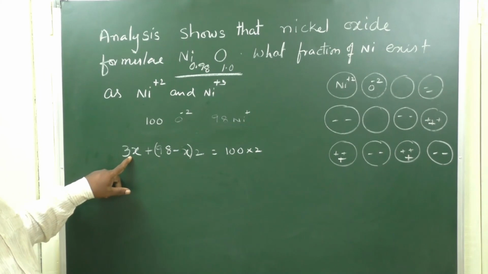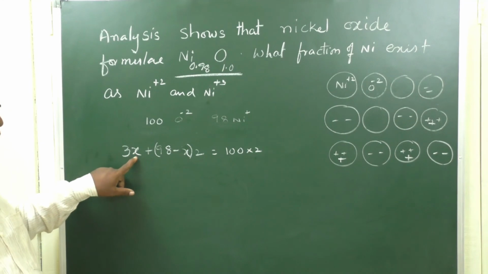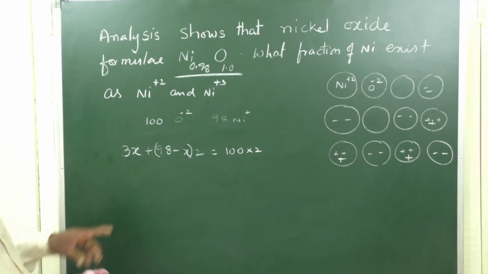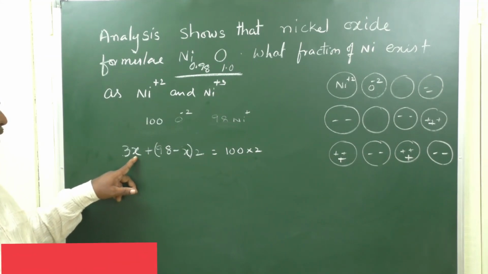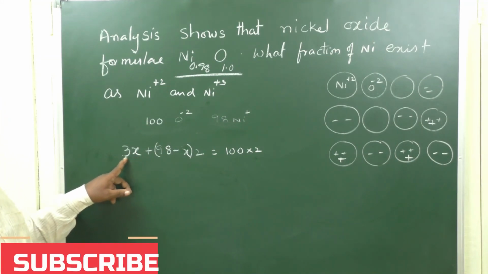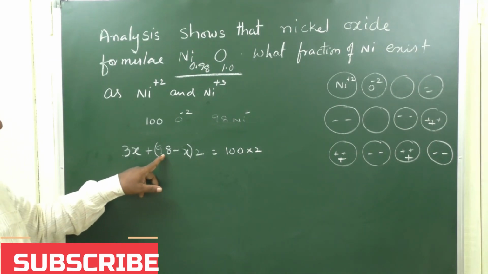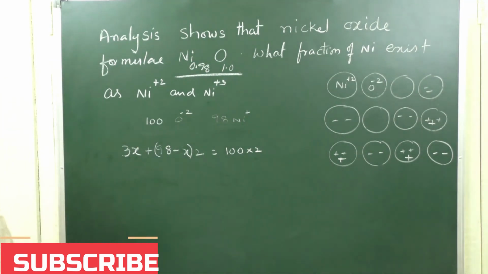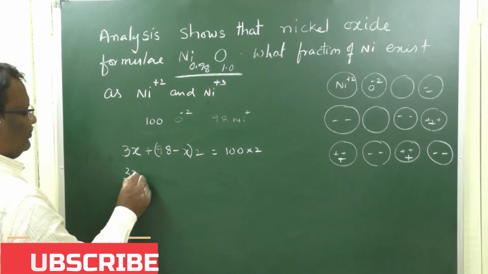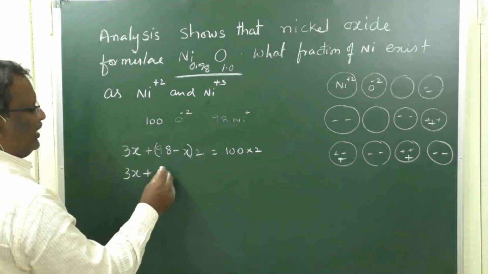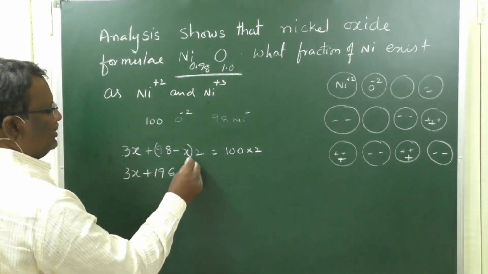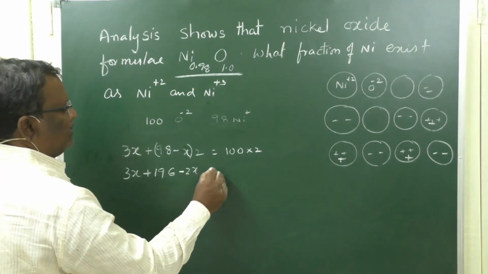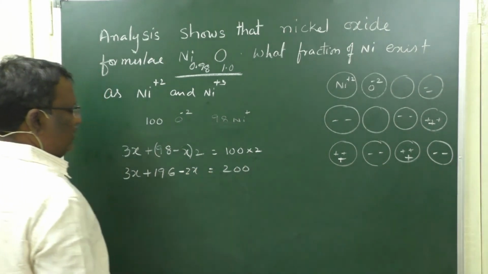It means 3x plus 2 into 98, that is 196, minus 2x is equal to 200.